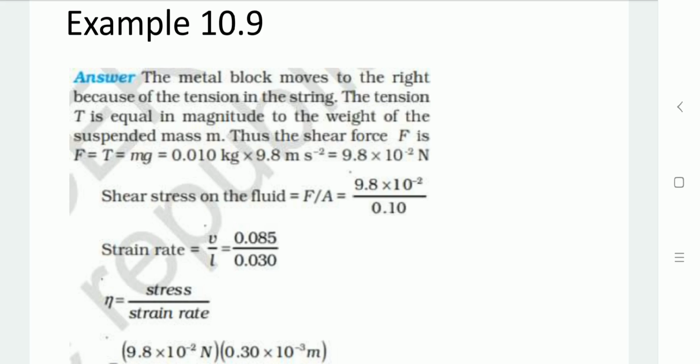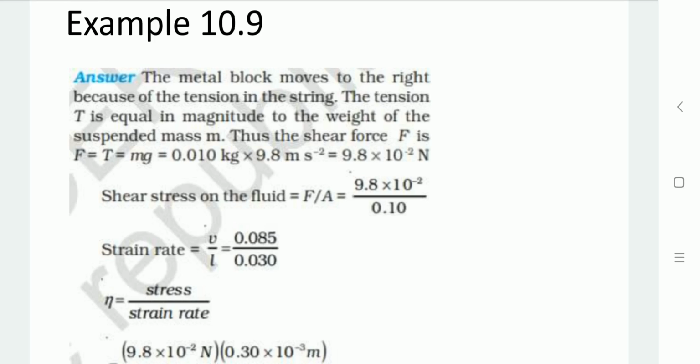And strain rate, that is V by L, velocity by length, where velocity is given as 0.085 meter per second and the thickness is given as 0.3 millimeter, that is 0.03.